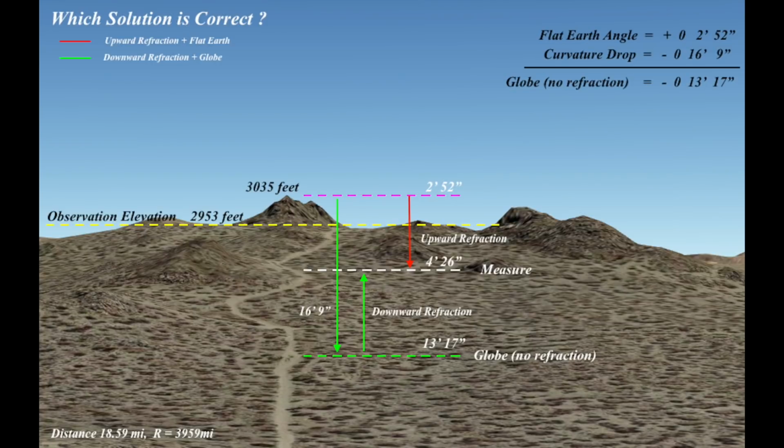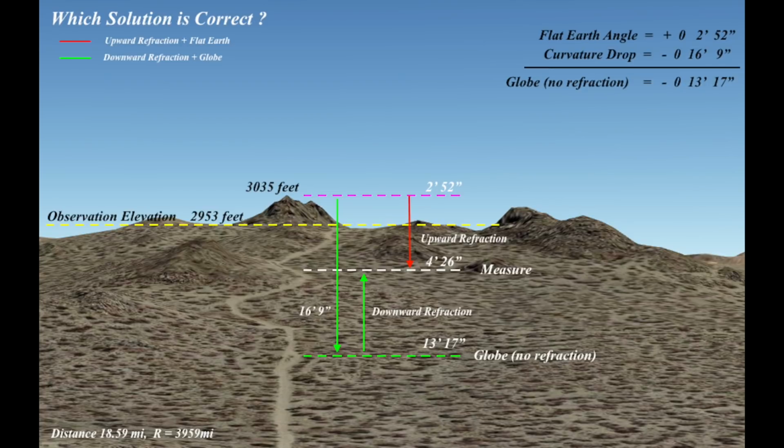Well, there's a dilemma. Let's look at two possibilities. So this graphic illustrates the two ways of thinking about this and accounting for the measured angle differences. If we believe we live on a globe, there's a curvature drop due to the globe of 16 arc minutes and 9 arc seconds.